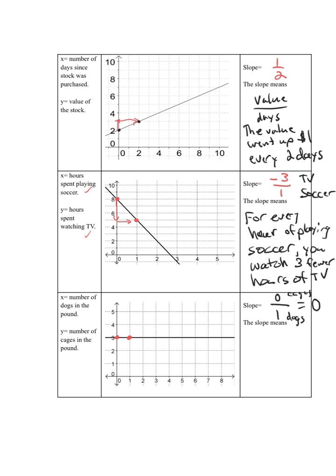So every time a new dog comes in, the number of cages remains the same. So unfortunately, that is sometimes a situation because of financial constraints and space and stuff like that. They're maxed out.